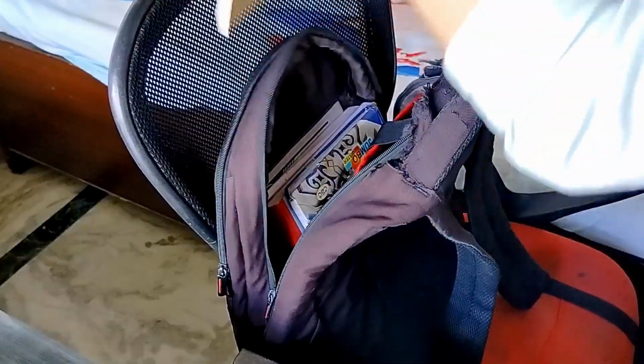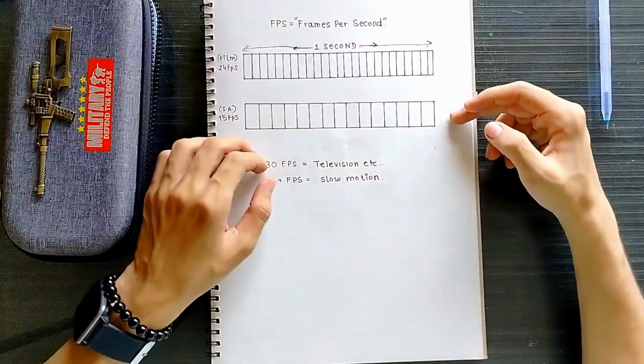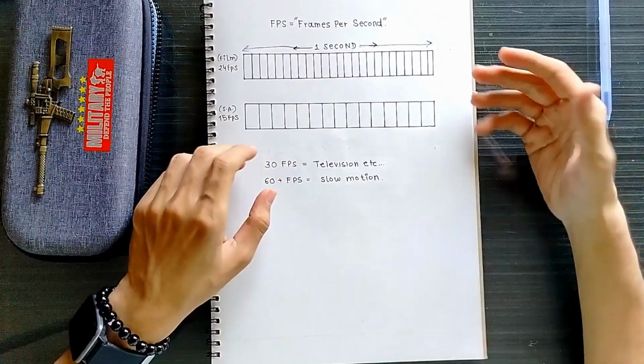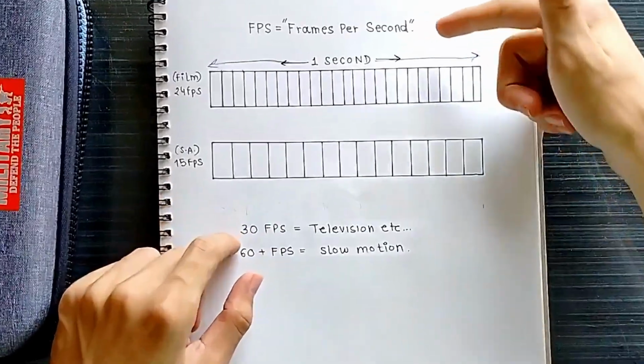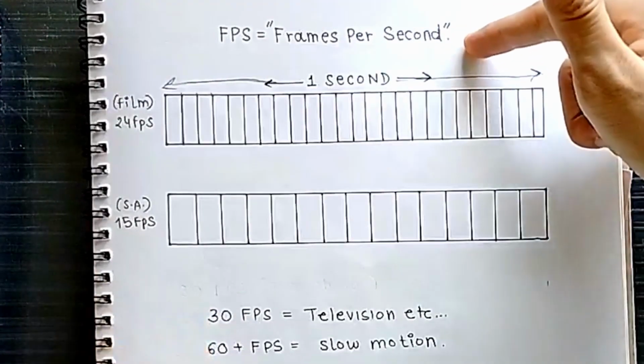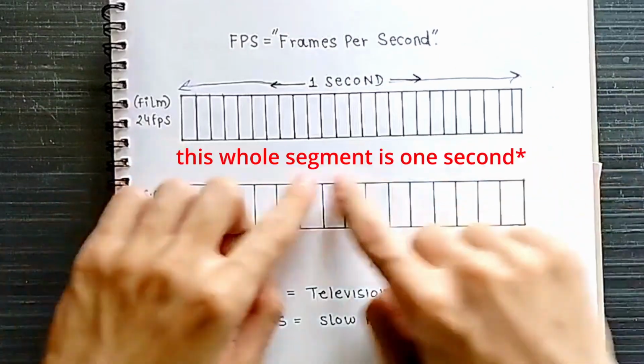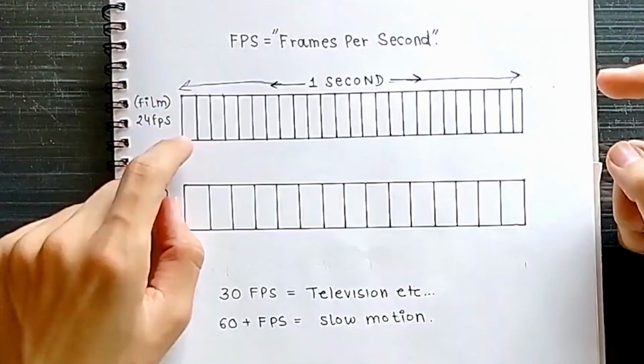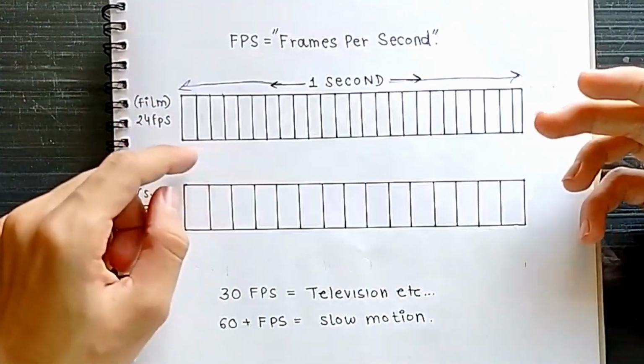But before we continue, there is something that we all must know, which is kind of important. The stop motion animation or film works on the same principle as videos. It works on the principle of frames per second. Right here you can see this whole segment is one second. Here each individual box represents an image.